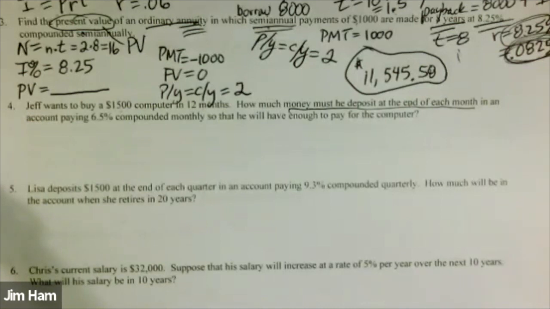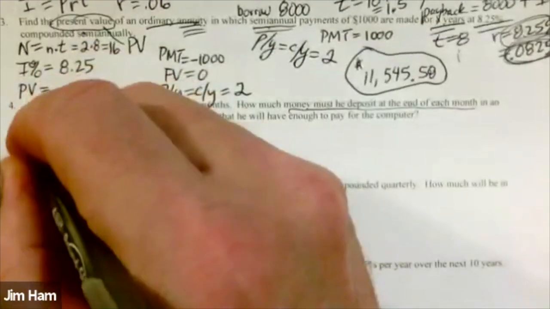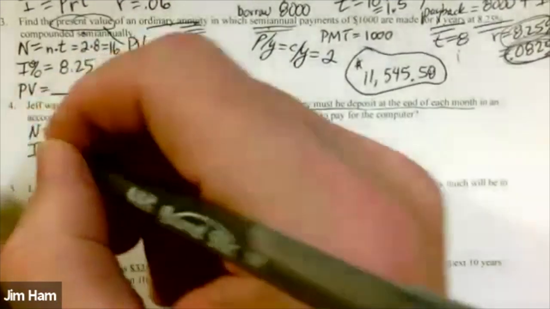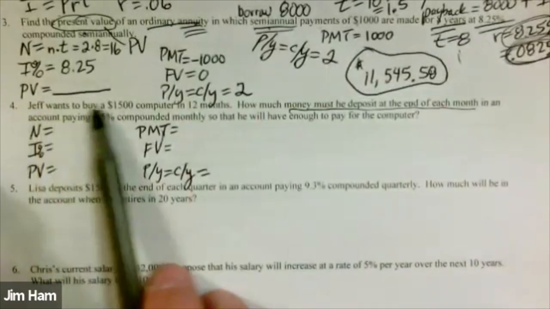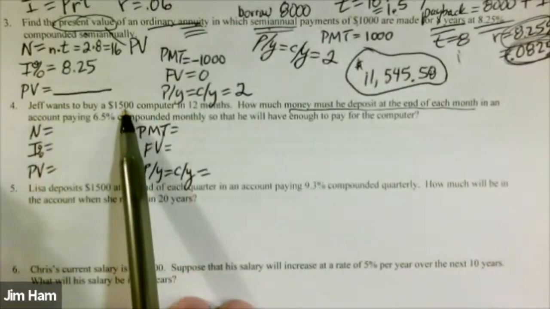Anytime you have regular payments being made, either for a loan or if you're investing for yourself, it involves an annuity. So I'm just going to go ahead and write down the inputs for the TVM solver. Okay, Jeff wants to buy a computer.